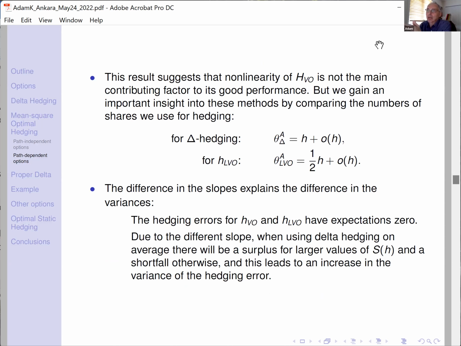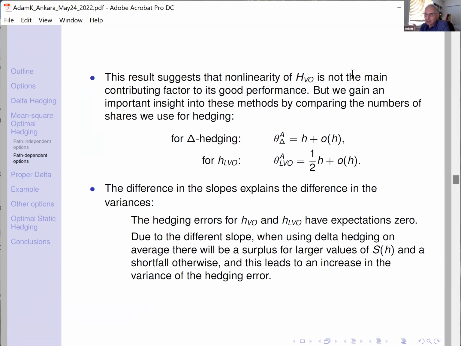But now we can look at the hedge ratio for the delta hedging and the mean square optimal hedging. And then we will see that the main terms actually are different. For the delta hedging, we always use twice as many shares as for the mean square optimal hedging.